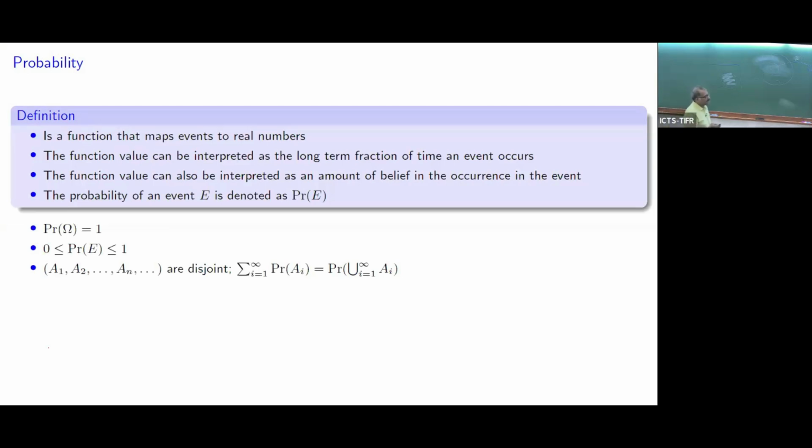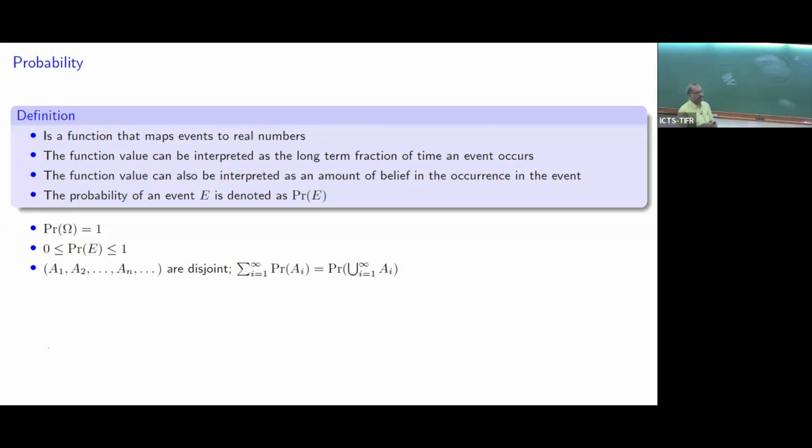Now, there are some rules that these probability values should satisfy. One important rule is that if you look at the probability of the sample space, so we are looking at an event which is the sample space, this is like an always true event, because you know that the set of all possible things that can happen has to lie in the sample space.